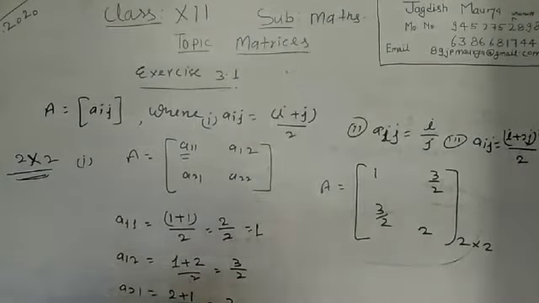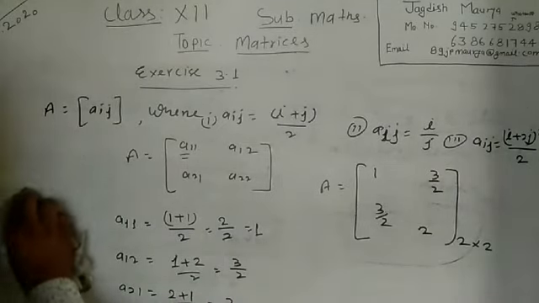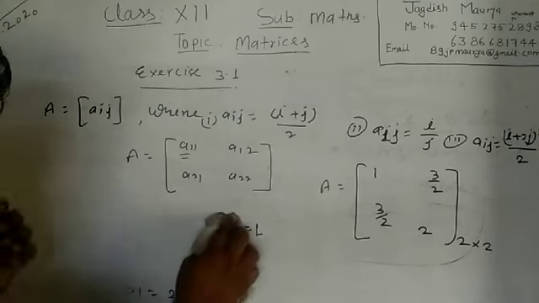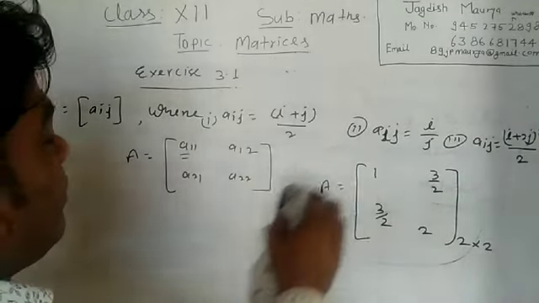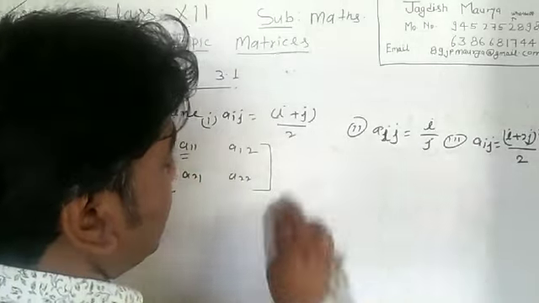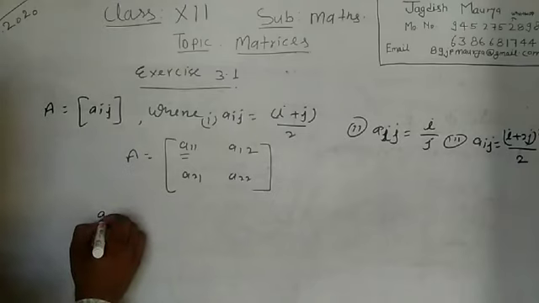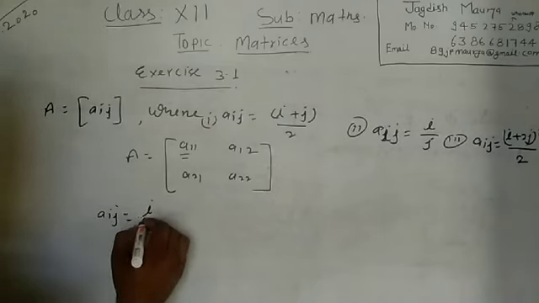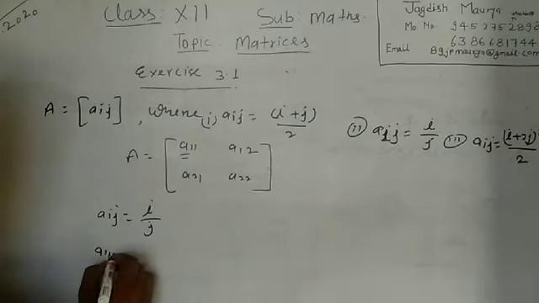Similarly we solve the second matrix in which Aij equal to i upon j. So first we find A11, meaning i equal to 1 and j equal to 1.